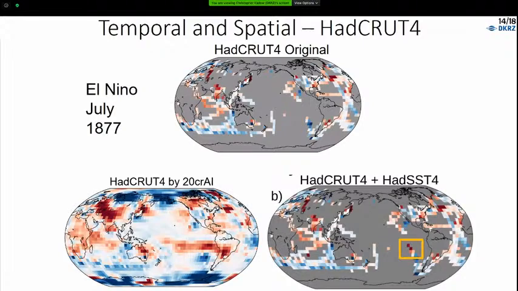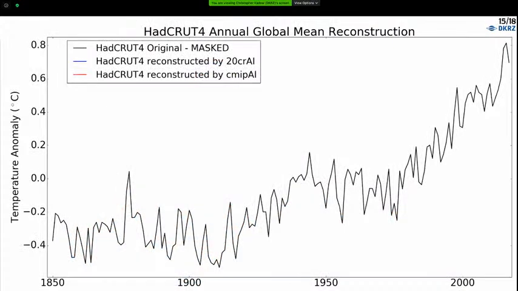That was really cool. Okay, so of course, then we wanted to reconstruct HadCRUT4. That was the basic idea from the beginning on: the observational data set reconstructed by the 2 trained AIs, by these 2 different climate data sets. This is what we have on HadCRUT4 between 1815 and 2018, and you see a pretty good climate trend here.